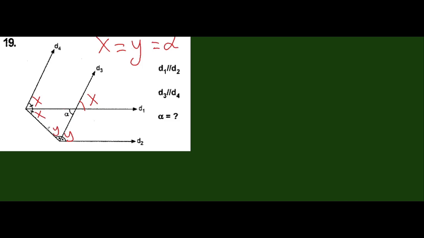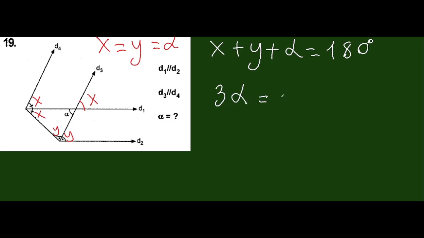Here from the triangle, we can write down that interior angles of the triangle will give us 180. That means if we plug in alpha instead of x and y, we get 3 alpha will equal 180 degrees.